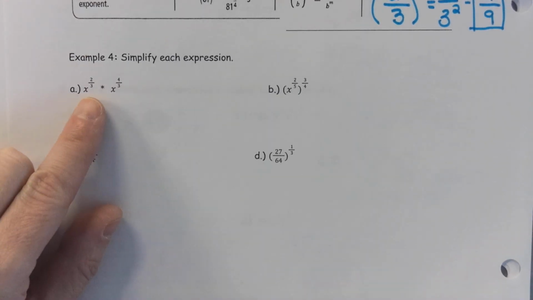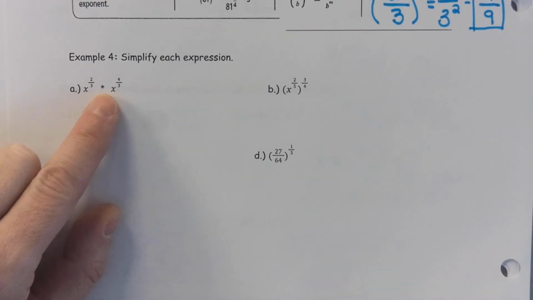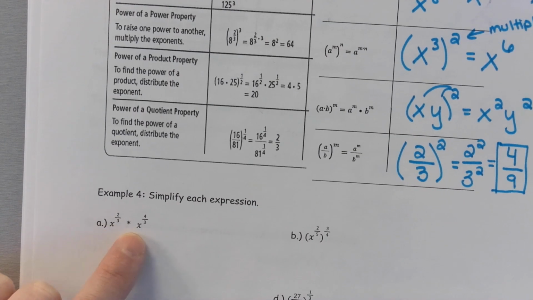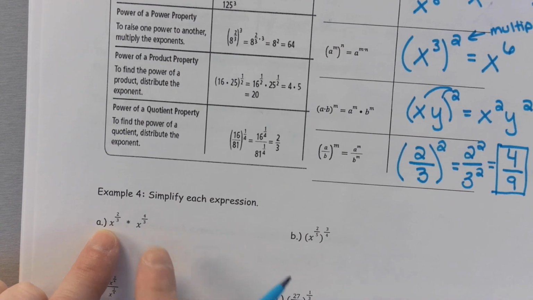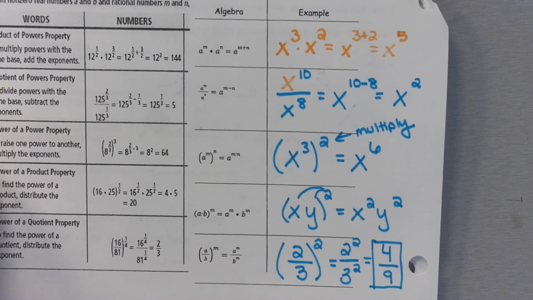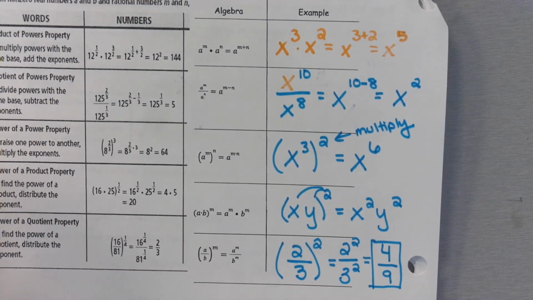Okay, so this first one, we've got multiplication of two things, right? The bases are the same, they're both x. So which one of these does that match with? We have multiplication of two things. Part A is like what?